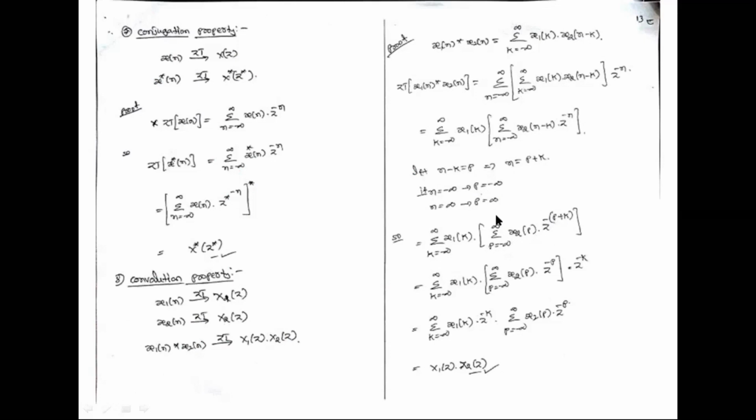And according to the definition of the z transformation, this total function in the parenthesis is x of z. Here the signal is x2, then it becomes x2 of z. Okay. And the sum of k equal to minus infinity to infinity, x1 of k z power minus k. These two are the definition of the z transformation with the signal x1 and with the signal x2, then it gets x1 of z and x2 of z. Got it, my dear students?